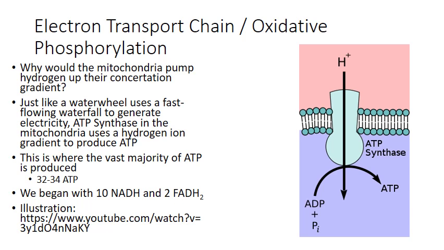We began the electron transport chain with 10 NADH and 2 FADH2, and those have really high energy electrons. Those molecules gave their electrons to the top of the electron transport chain. They flowed down, and then at the end we made ATP by using this ATP synthase. So that's the final step of cellular respiration. Not the end of the chapter, but the final step. Any questions about that?